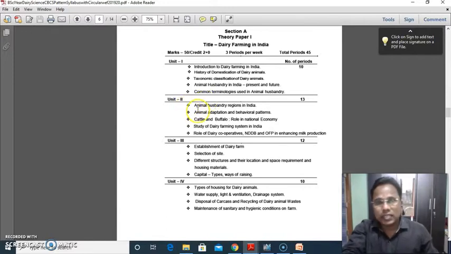Then unit number 2, that is animal husbandry regions in India. The different animal husbandry regions present in India, and what different animals are present in those regions, we will study in this part. You know very well the Deoni breed, which is very popular all over the world, and this Deoni breed is generally found in Latur district.